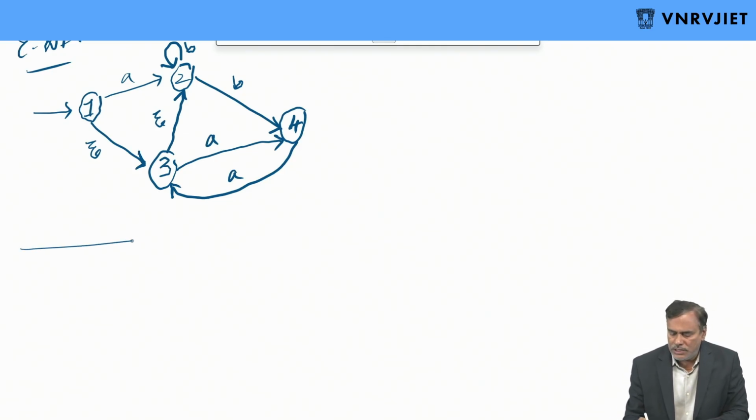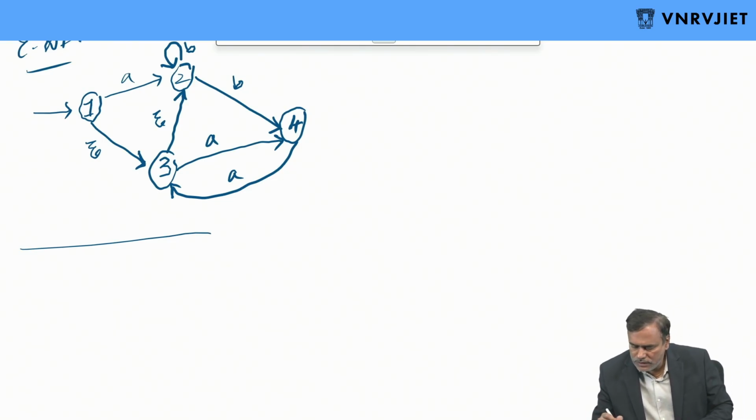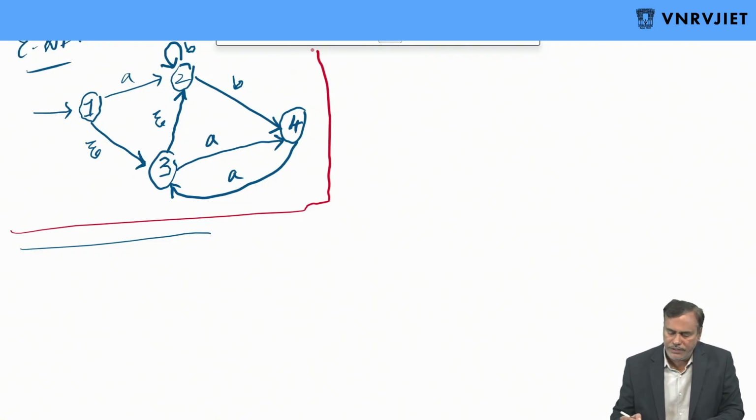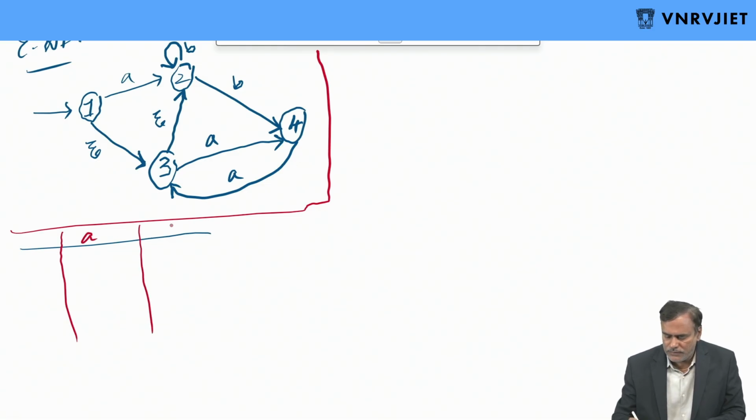Let me draw the transition table of this. This is the transition diagram of this epsilon NFA. You know what the input symbols are: A, B, and then epsilon.